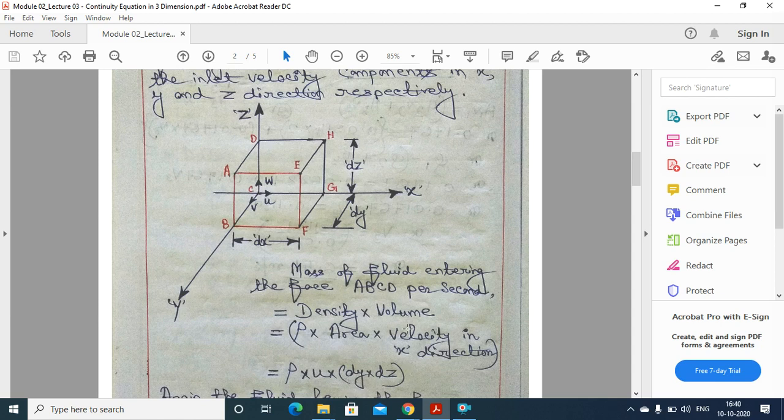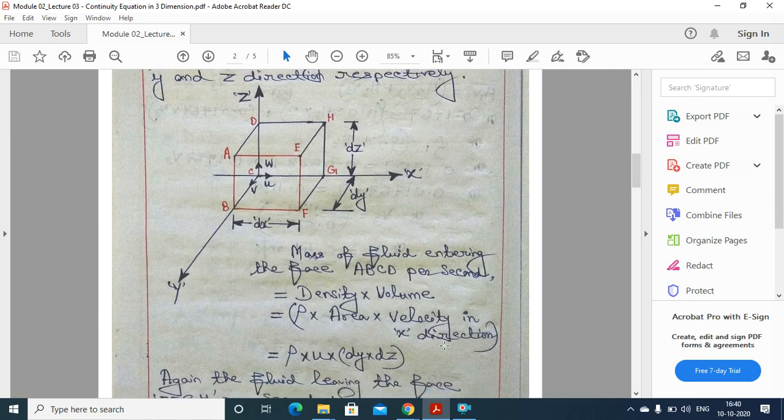Why dy into dz? Now coming to the actual case. Density is rho. Volume is area into length. For per second, length per second is equal to velocity. So rho into area into velocity in x direction.